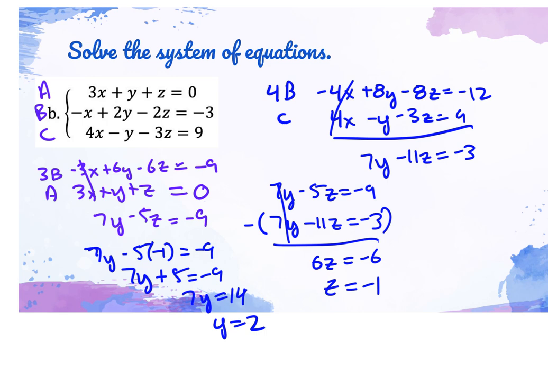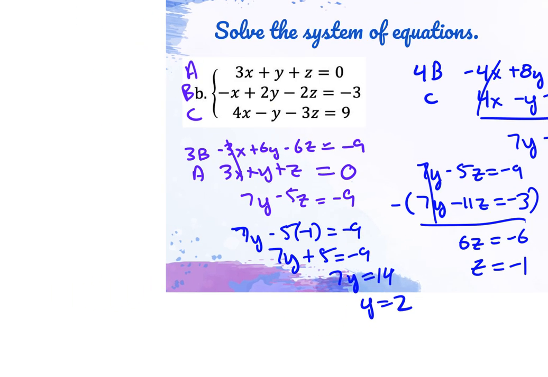Then work all the way back to x. I'll go 3x plus 2. I'm taking this top one now, I'm taking a. Plus negative 1 equals 0. So 3x plus 2 minus 1 equals 0.